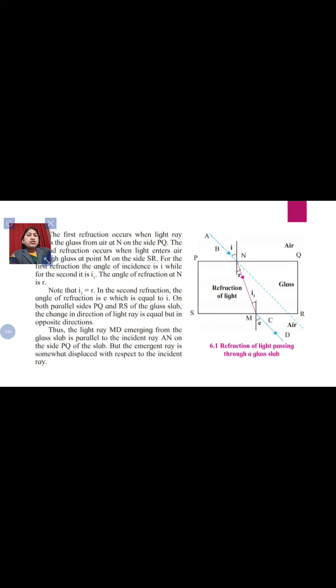The change in the direction of the light ray is equal but opposite in direction. See here again, the change in direction of the light ray is equal but opposite. Thus, this ray MD emerging from the glass slab is parallel to the incident ray AN.